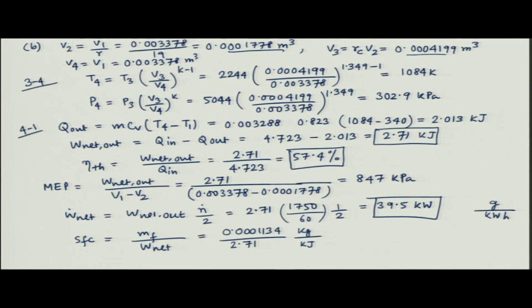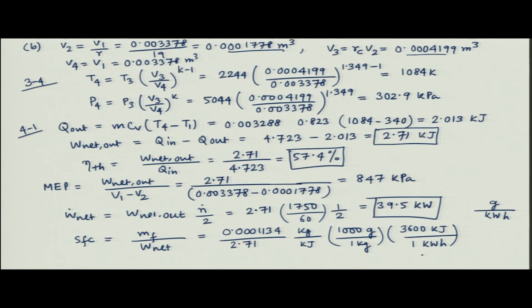So, I will multiply this with 1000, so it will be in gram. Then I will multiply it with 3600 kilojoule divided by 1 kilowatt hour, because 1 kilowatt hour is 3600 kilojoule.